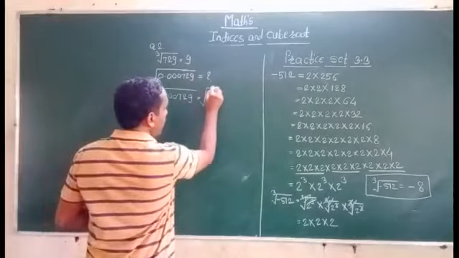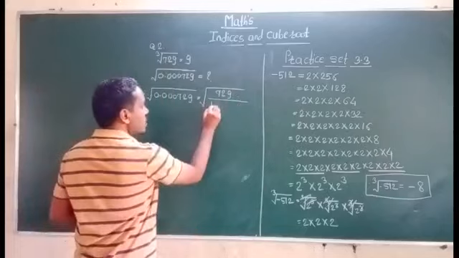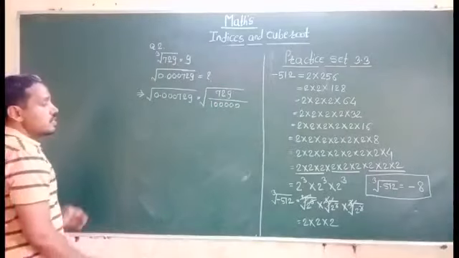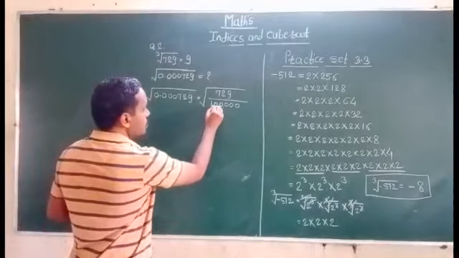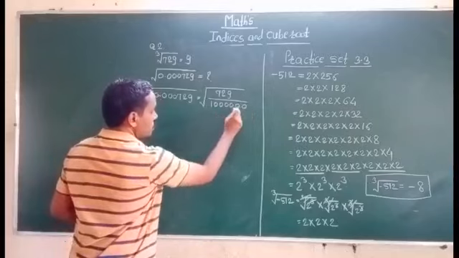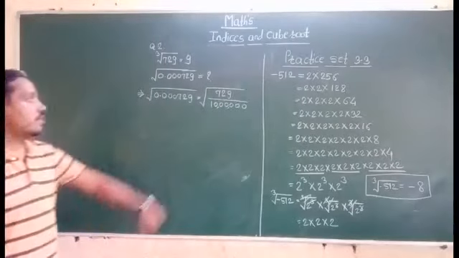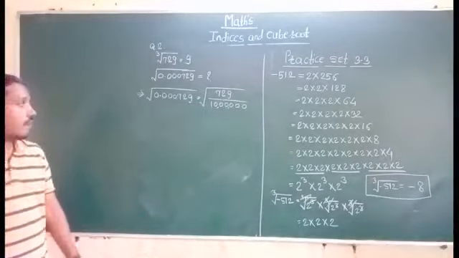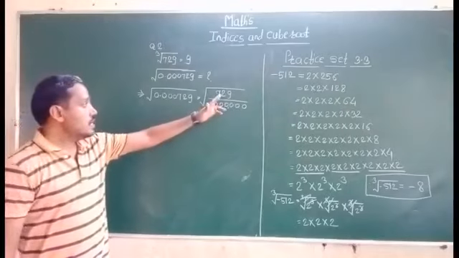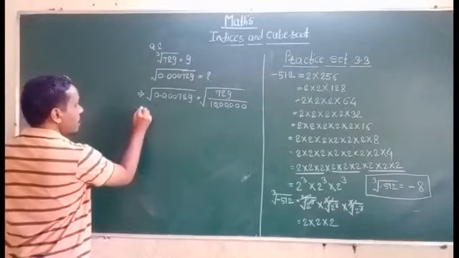And so we divide 729 by 1 followed by 6 zeros, that means when we divide 729 by 10 lakh, we get the number 0.000729, and we can easily find the cube root of that number by using the prime factor method.